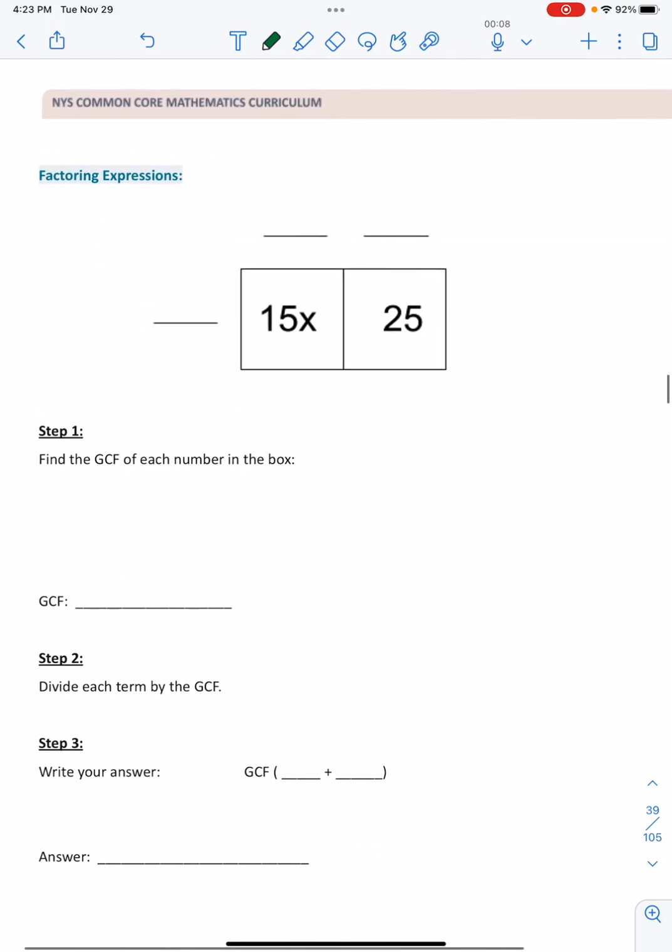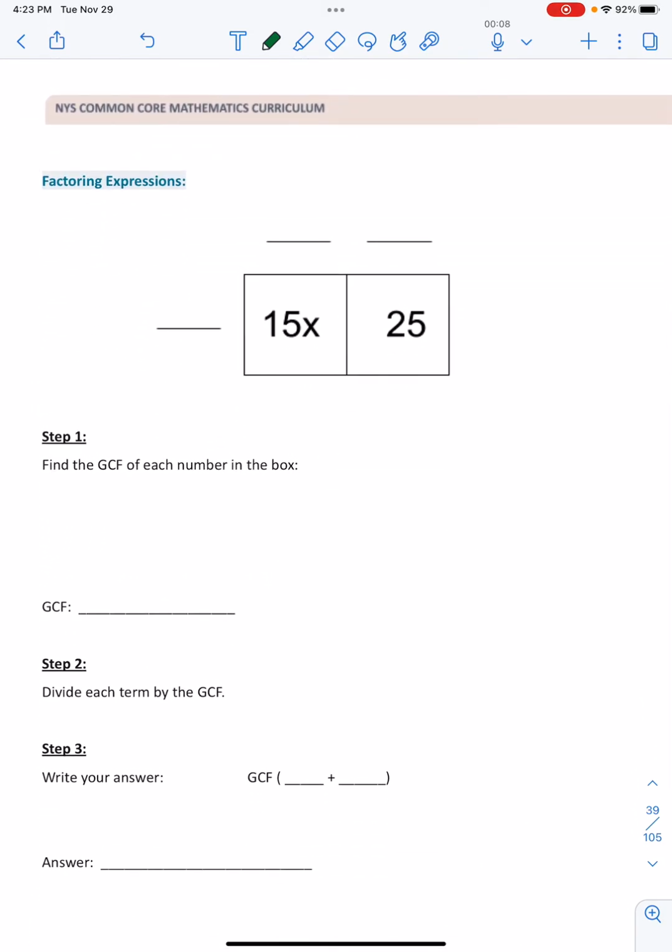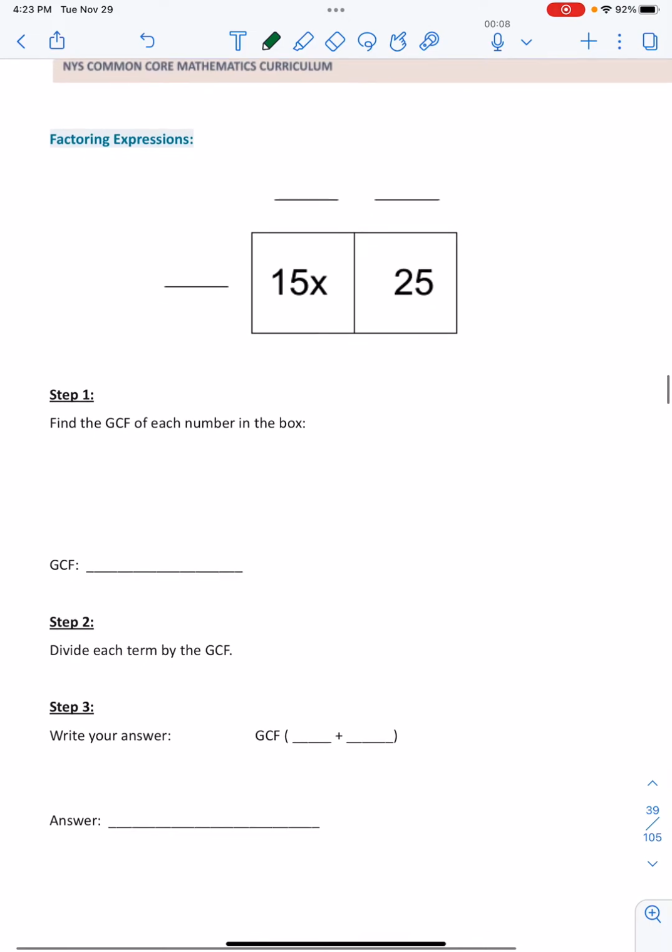So now to factor my expressions, step 1 would be to find the greatest common factor of each number in the box. So I'm going to take the greatest common factor of 15 and 25. So of 15, I have 1 and 15, 3 and 5.